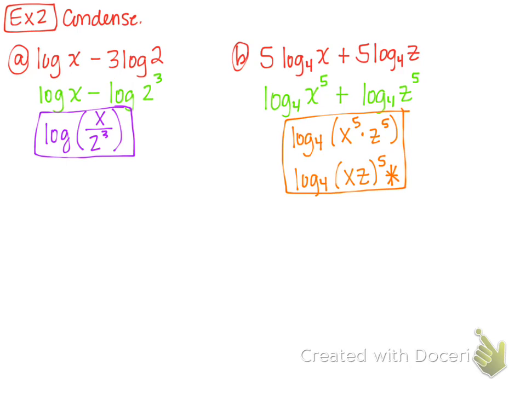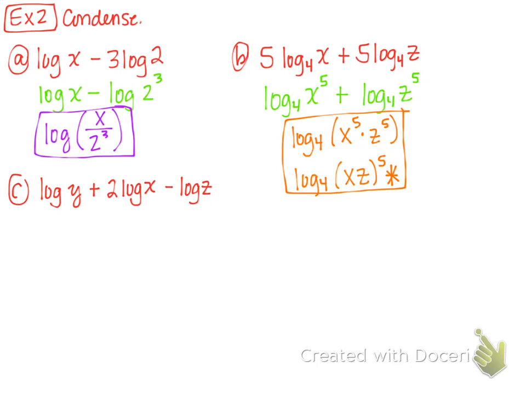So let's do one more example of condensing. In this case we're going to have 3 terms. So I have log of y plus 2 times log of x minus log of z.